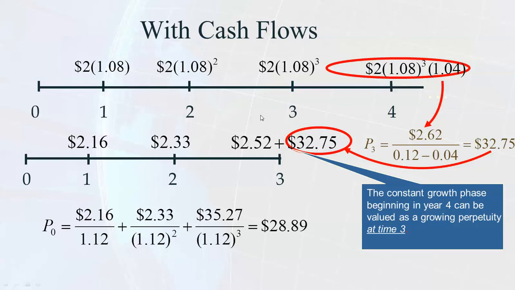Now you have the first cash flow, second cash flow, and the third cash flow, which is your dividend plus your expected stock price. You have to put it together. So Price 0, the price right now, equals the present value of all future cash flows.